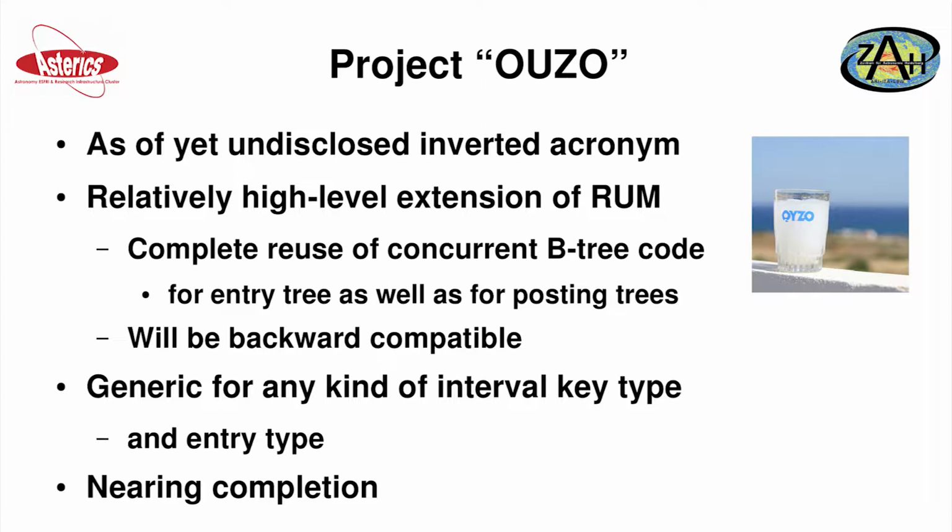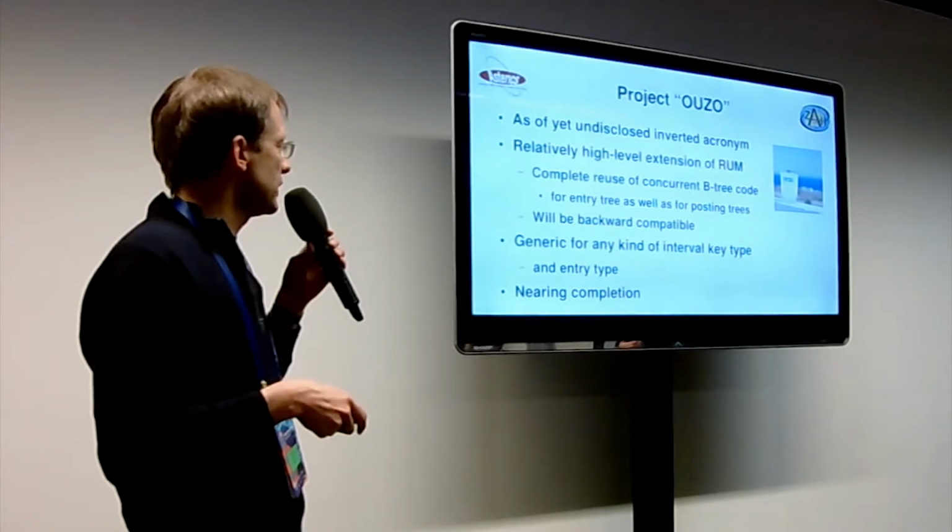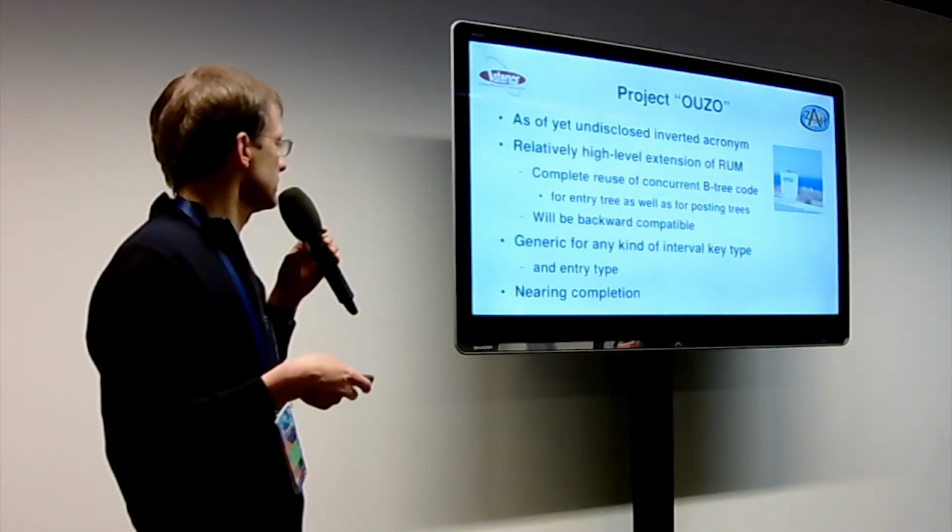This means that all this internal B-tree code, which is at the core of the indexing in RUM, can be reused, both for the entry tree where the intervals are stored and also for these posting trees. And it's also possible to make this backward compatible, meaning that these modifications don't alter the behavior of RUM. It's just additional features that I'm working on there.